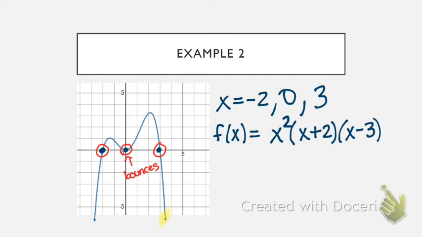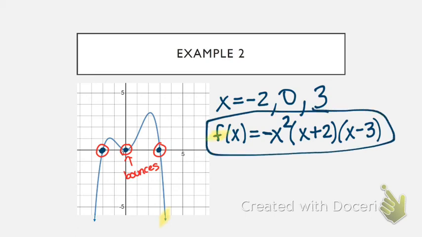So if you look at this graph, the piece that I've highlighted, that arrow is facing in the negative direction. So my leading coefficient is negative, which just means I need to throw a negative sign out in front of the equation. So for our second example, this is the equation that will very closely match what's been graphed to the left.